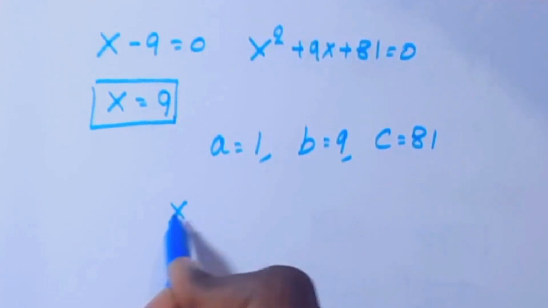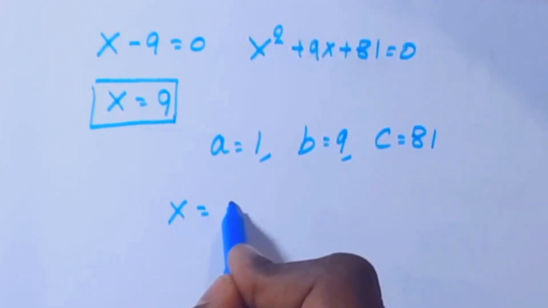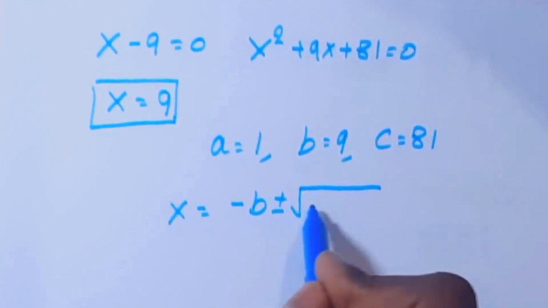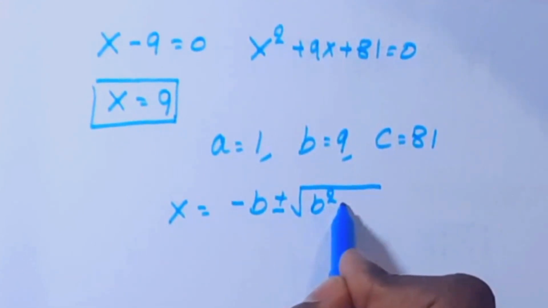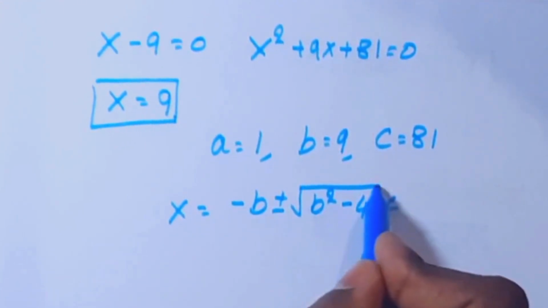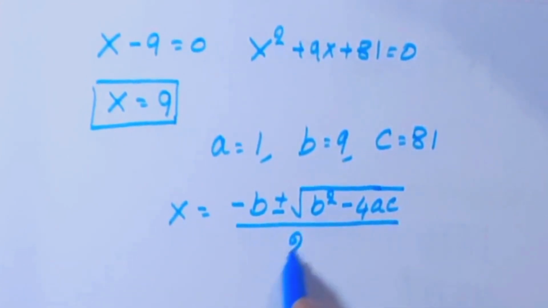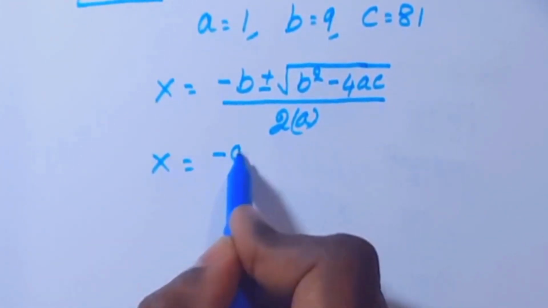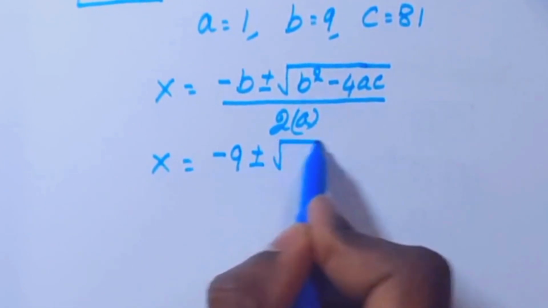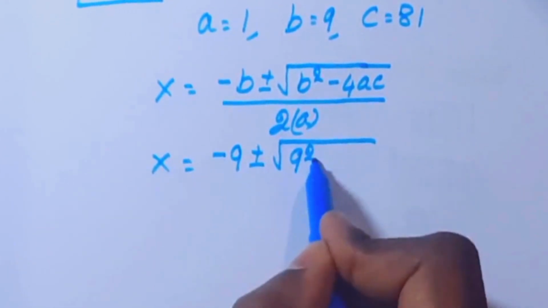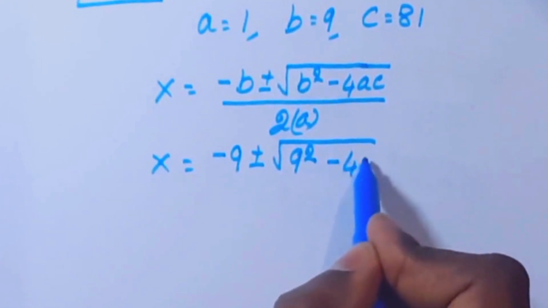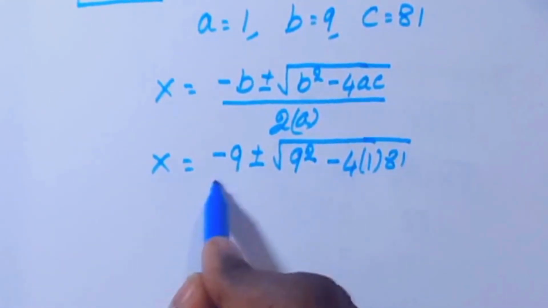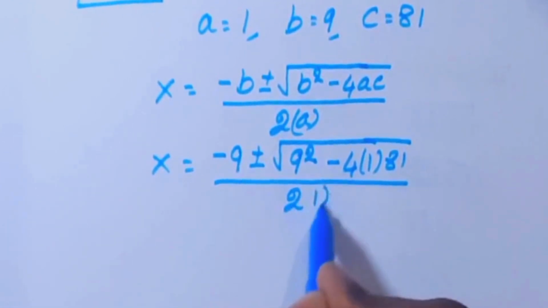We know that x equals minus b plus or minus square root of b squared minus 4ac, by 2a. Now x equals minus 9 plus or minus square root of 9 squared minus 4 times 1 times 81, by 2 times 1.